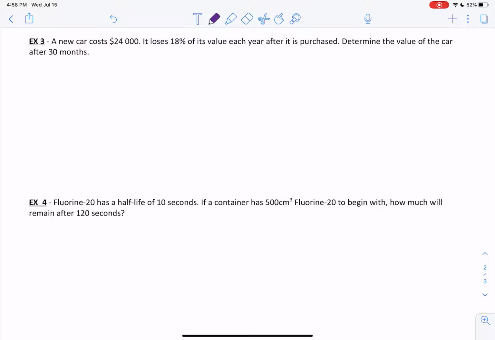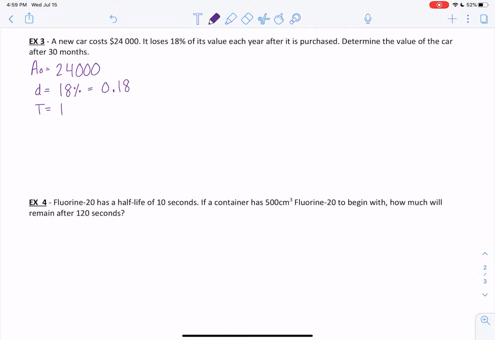So let's start by building our equation. Our initial value is 24,000. It's losing value, so we are decaying. So we're going to have a decay rate of 18%, which is the same as 0.18. And then that happens every year, so we're just going to have a 1.